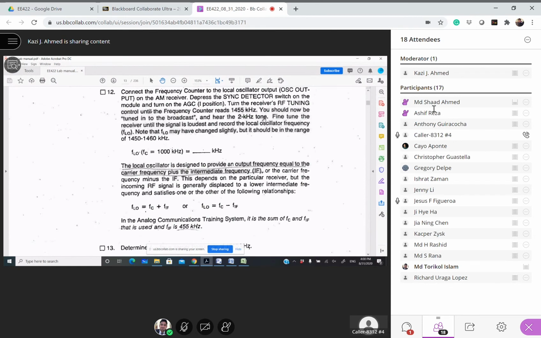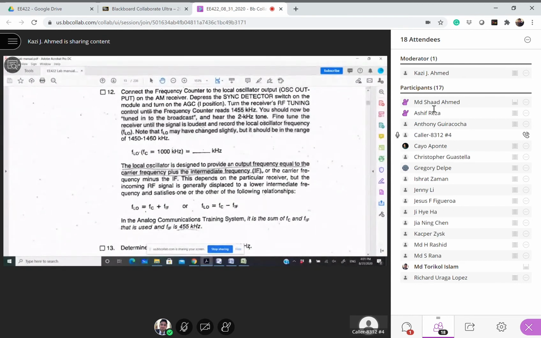So here it says fine tune the receiver until, meaning you change the local oscillator signal, as it is connected to the frequency counter. You can see what the frequency is at this time, right? So you have to fine tune the receiver until the signal is loudest. When you change the local oscillator, you're going to see the signal coming slowly, and you can hear the signal louder and louder.